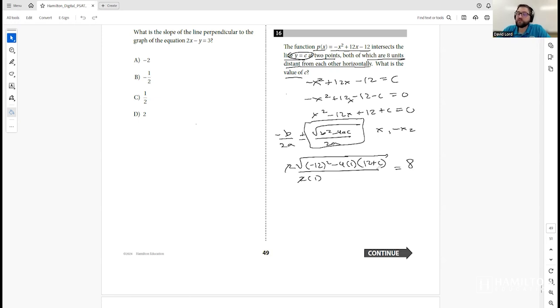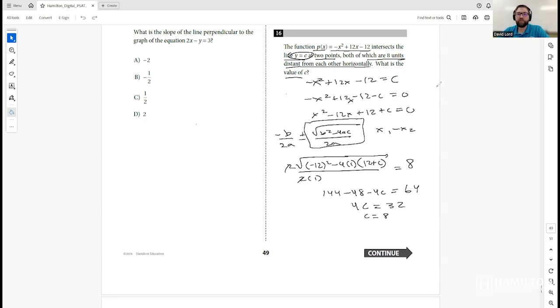And that is equal to the distance, which is 8 units away. We could square both sides, and we're left with 144 minus 48 minus 4c is equal to 64. And then from here, we get 4c is equal to 32, and c is equal to 8.